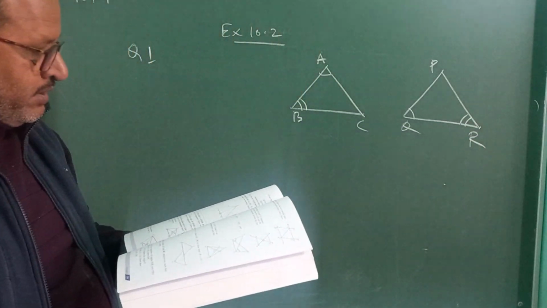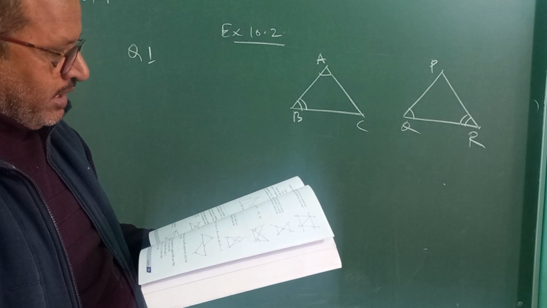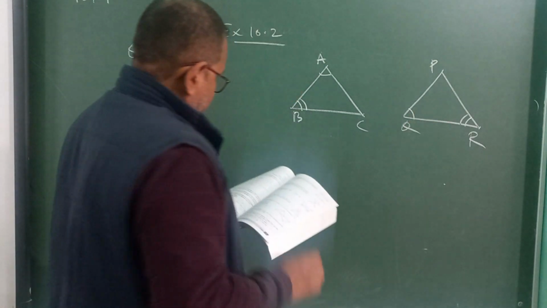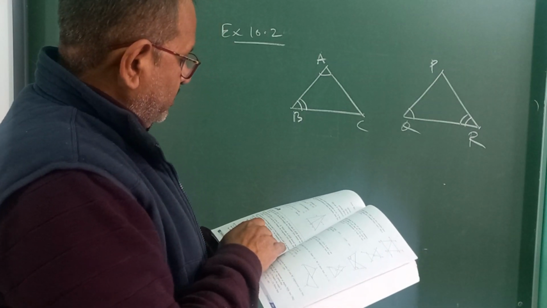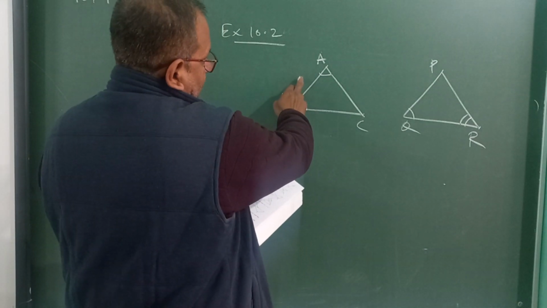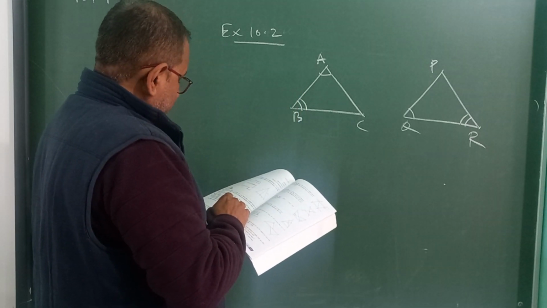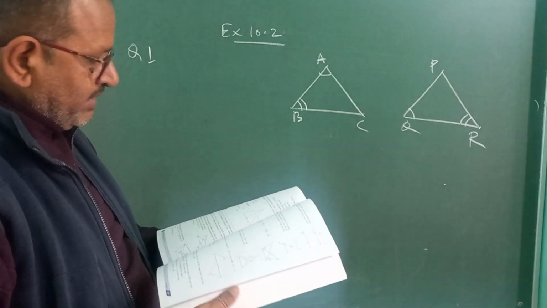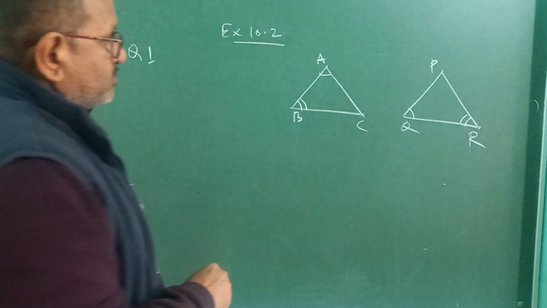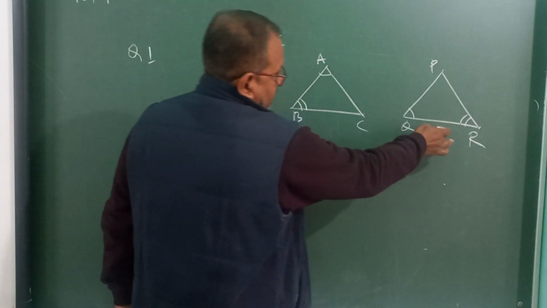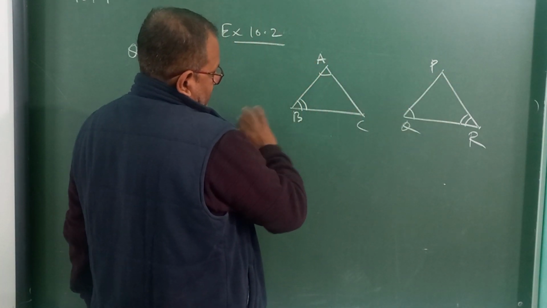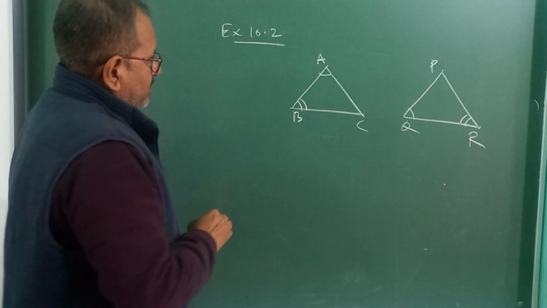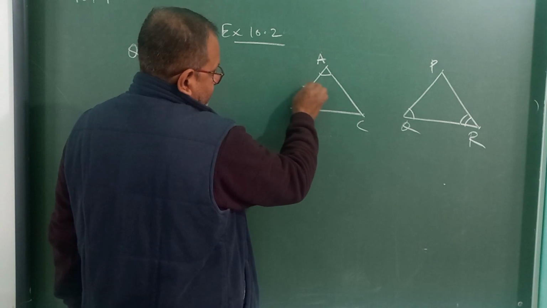Two angles are equal. Which side of triangle PQR should be equal to side AB, so that both the triangles are congruent? Give reasons for your answer. So side AB is this one.